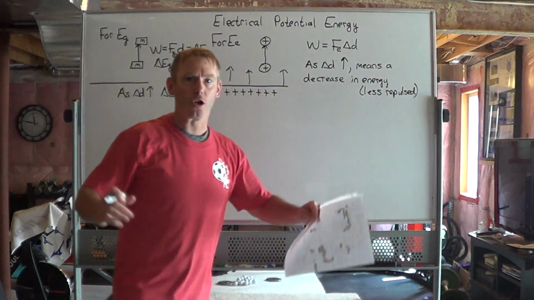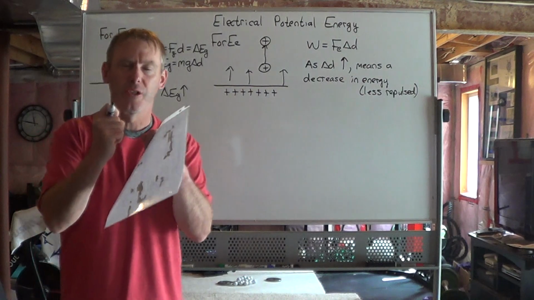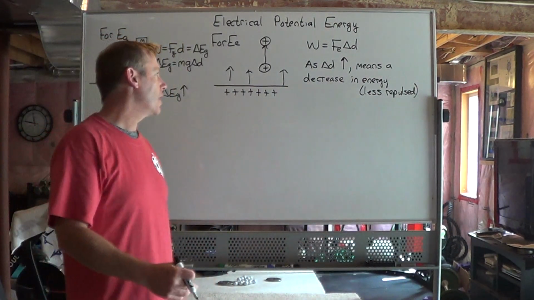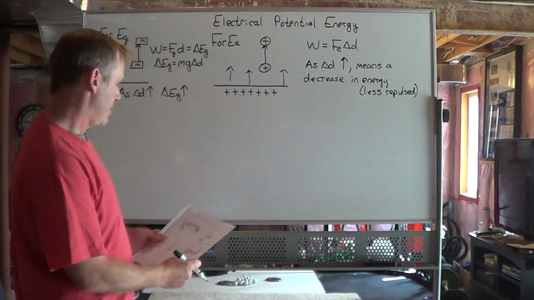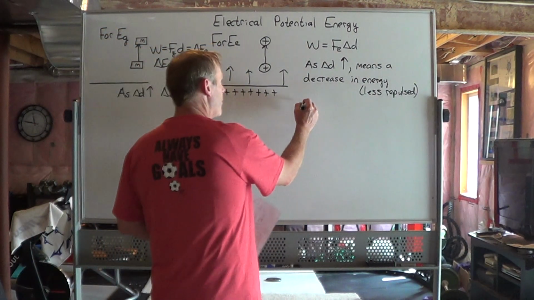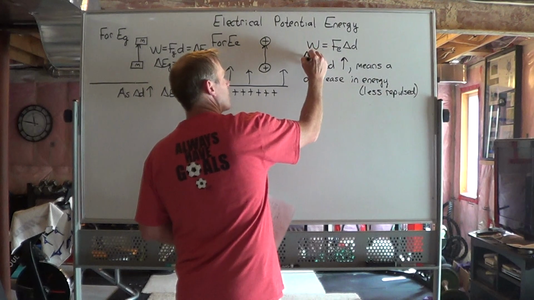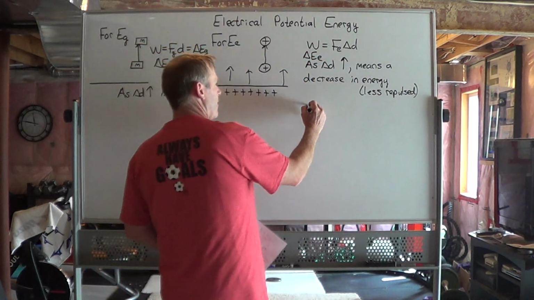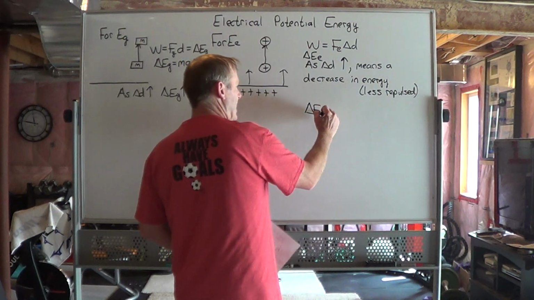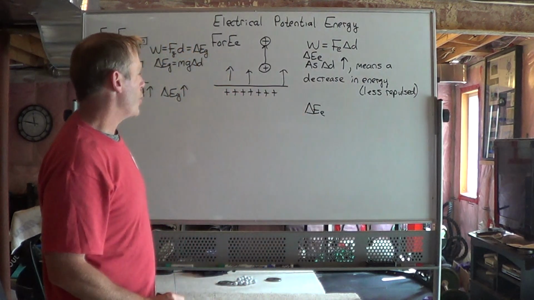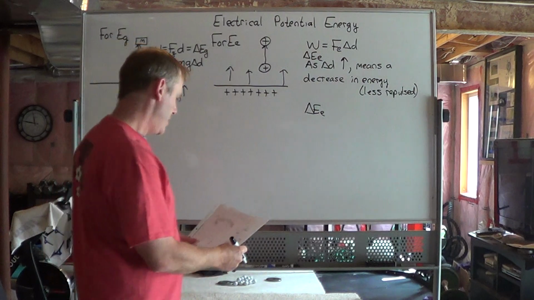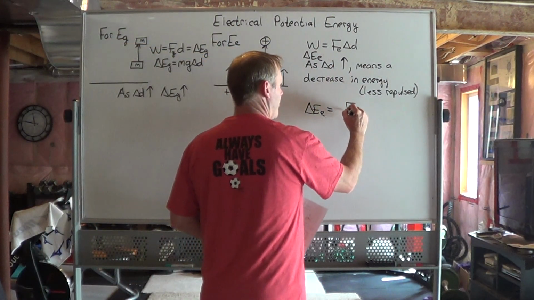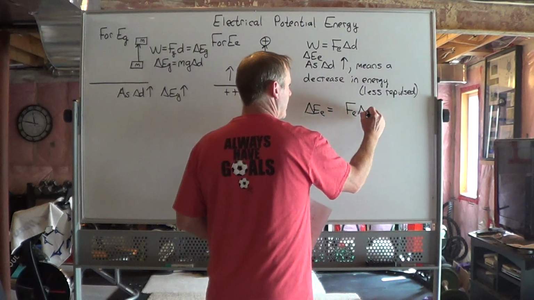Right? When you take two charges and you push them together, the repulsion builds up. But as you move them apart, the repulsion and that energy decreases. And so, therefore, this work here, which again is our change in electric potential energy, we have delta E sub E, our change in electric potential energy, is equal to F sub e times delta d.